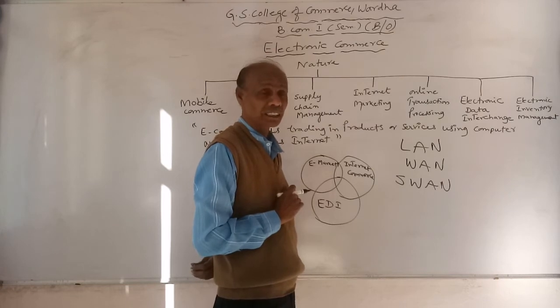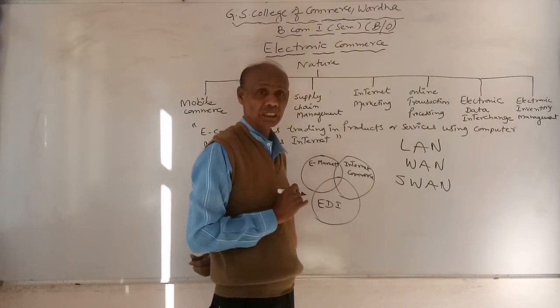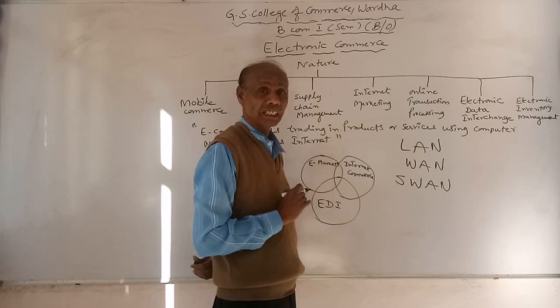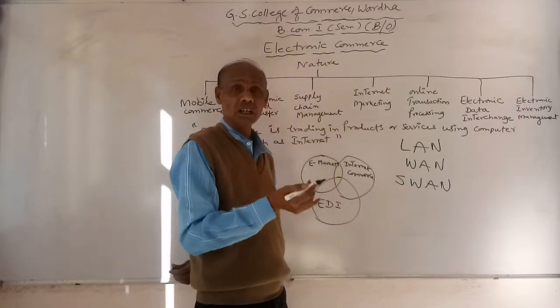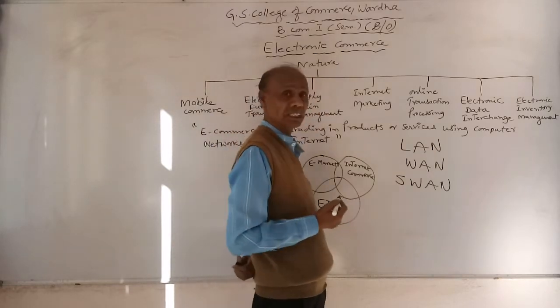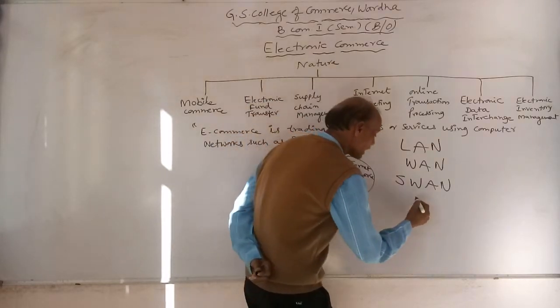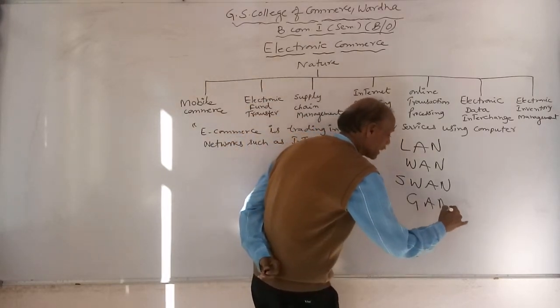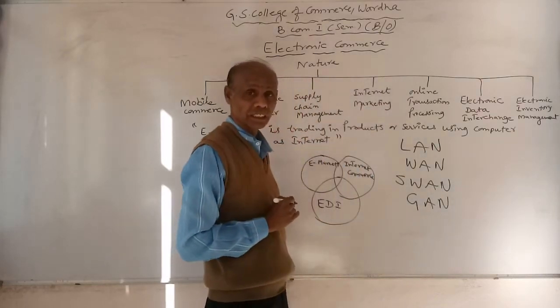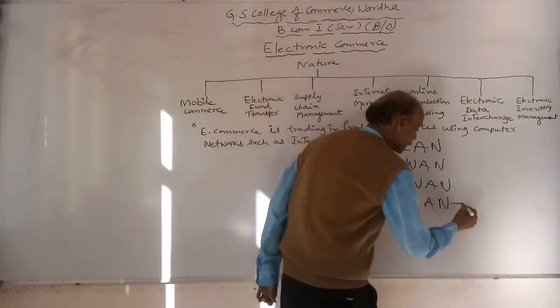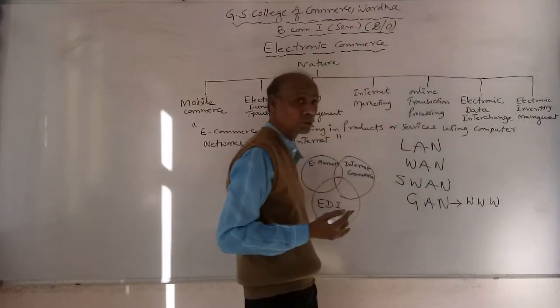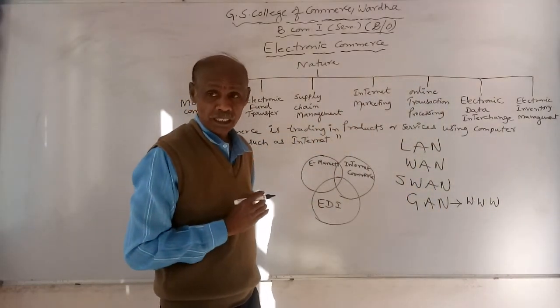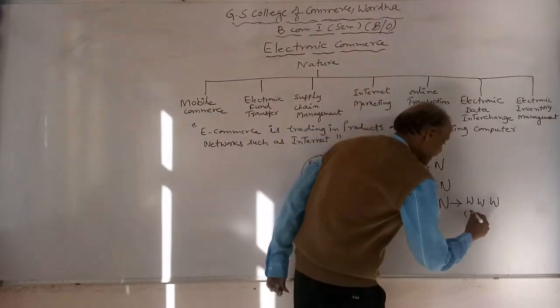When all such state wide area networks are put together and accessed for an overall level of management of the networks, that comes under GAN, Global Area Network. And the global area network, which is famously known as WWW, World Wide Web, is nothing but the internet.